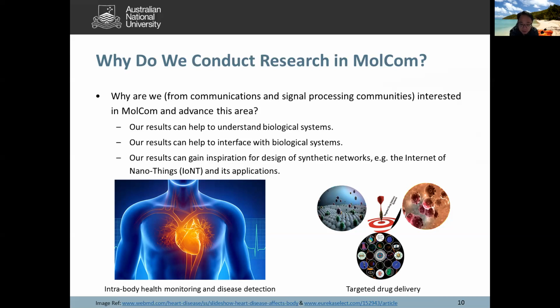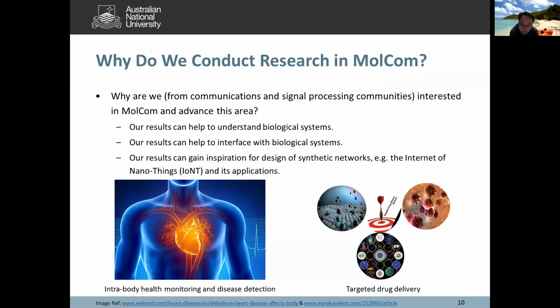Apart from that, we can also use nanomachines to help targeted drug delivery. For example, we can use nanomachines to identify the location of the unhealthy part within the human body, for example, the location of a tumor, and then we can use these nanomachines to notify the location of the tumor to other nanomachines, especially the nanomachines which carry drugs, and this will help these nanomachines to carry and deliver the drugs to the precise location of the tumor without affecting other parts.